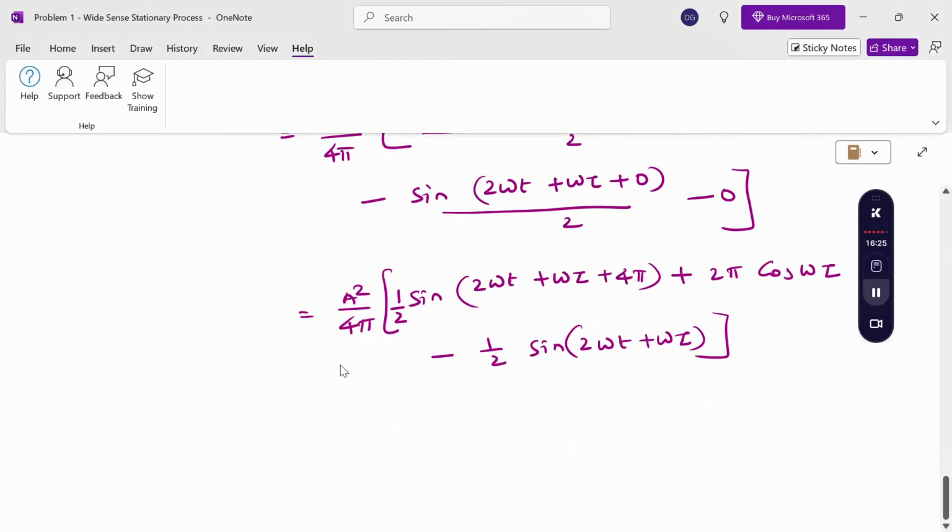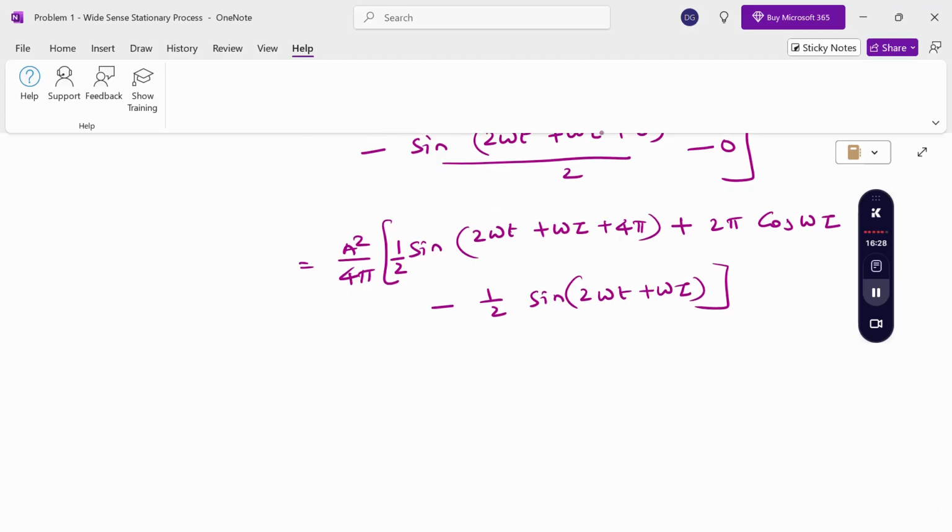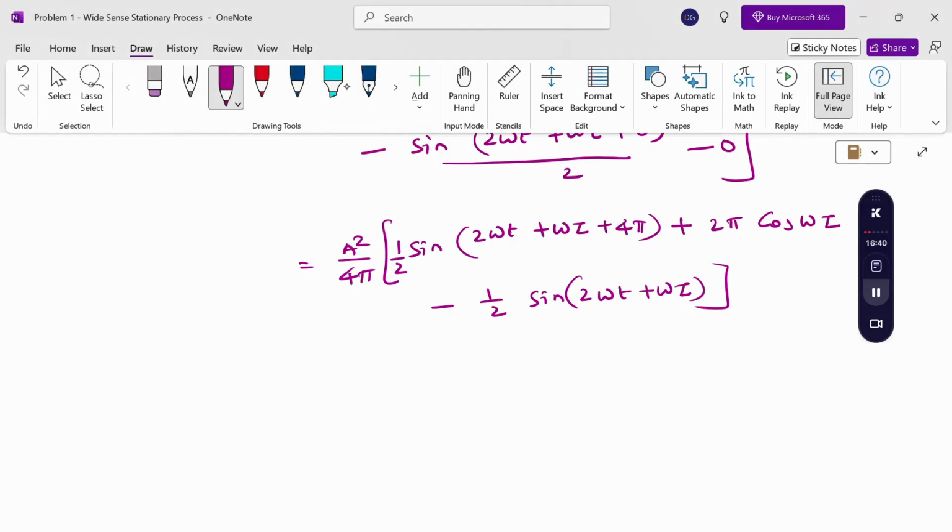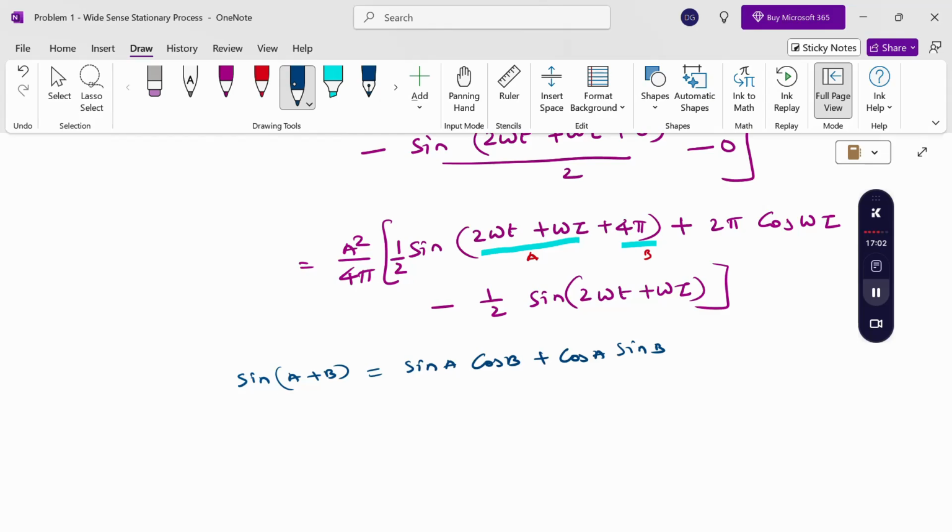Now to expand this, sin(x plus 4π) is sin x, or expand as usual by considering the whole term as a and this term as b. Using the sin(a plus b) formula, sin a cos b plus cos a sin b.